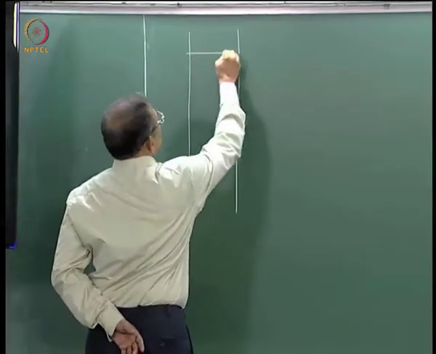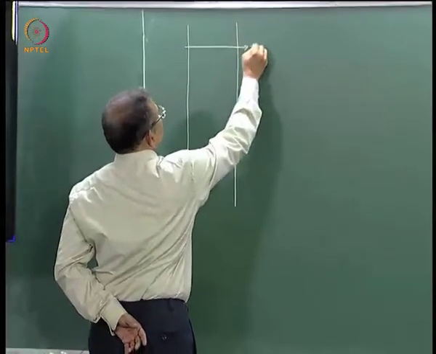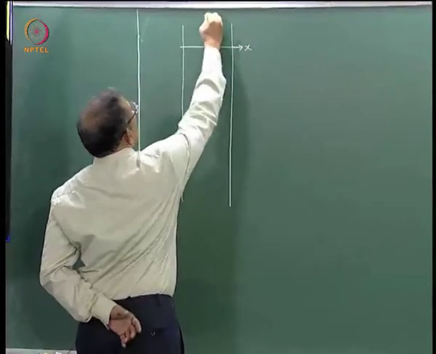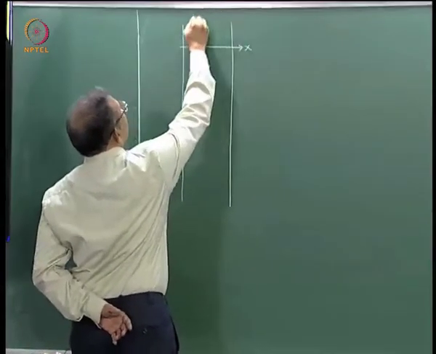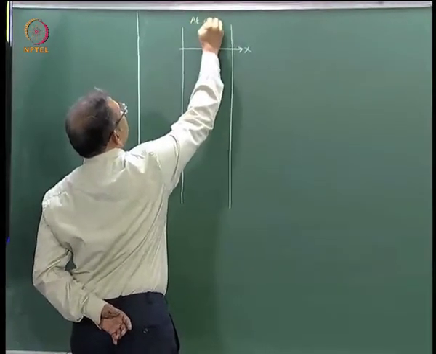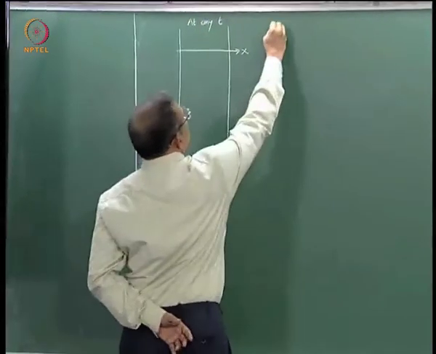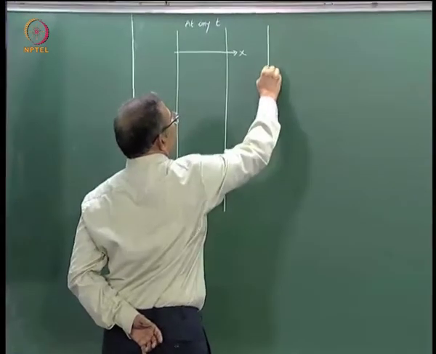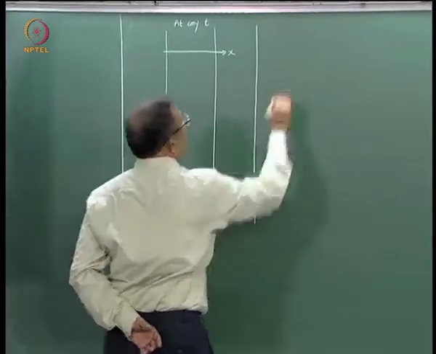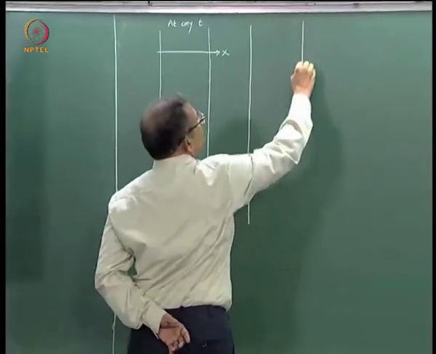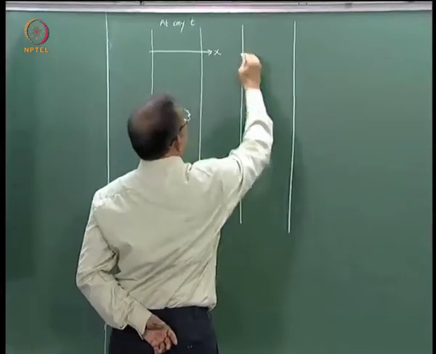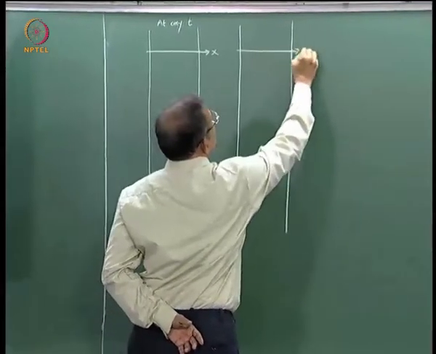So let us say here we are plotting as a function of x, at any instant of time, and we will also plot as a function of time for any x.